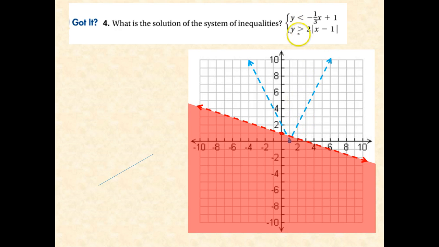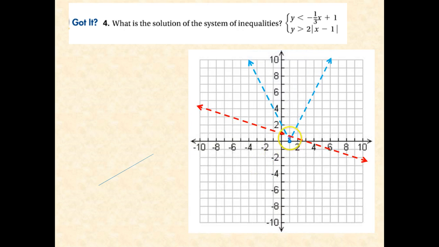And it's greater than that, so we're going to shade above. Then you can see this teeny little spot where the shadings intersect. That is the tiny little solutions to that system, of which, believe it or not, there are still infinitely many. Can you believe that? You should. It's math.